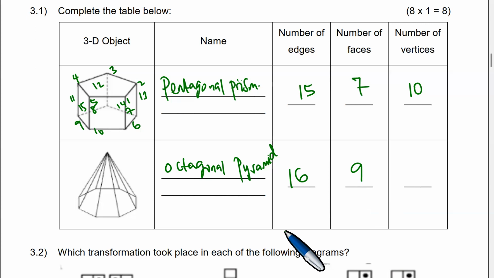Think again, please. Oh wait, is it 9 vertices? Yeah, definitely. It is a total of 9 vertices.